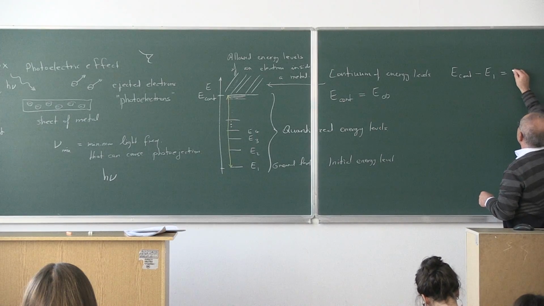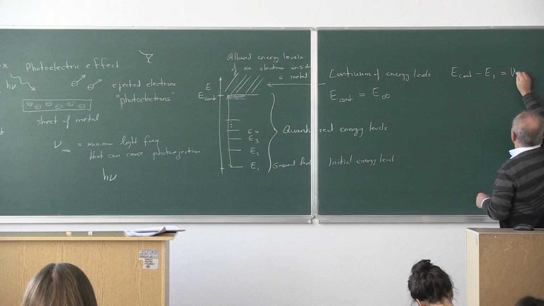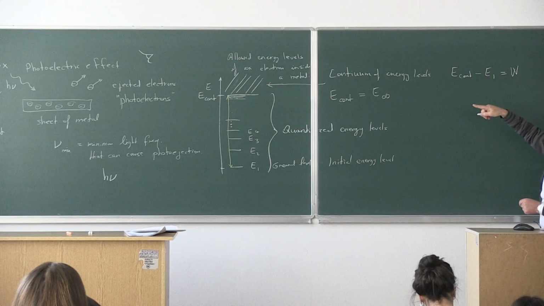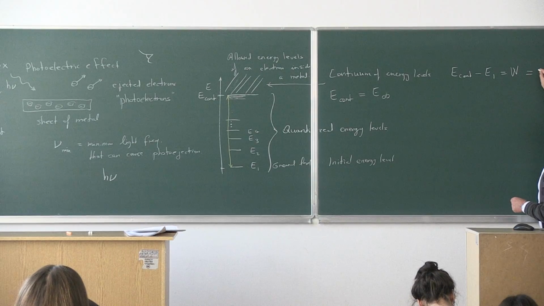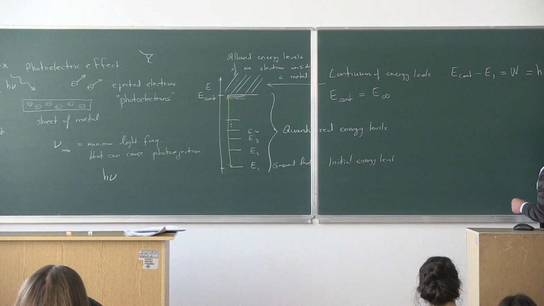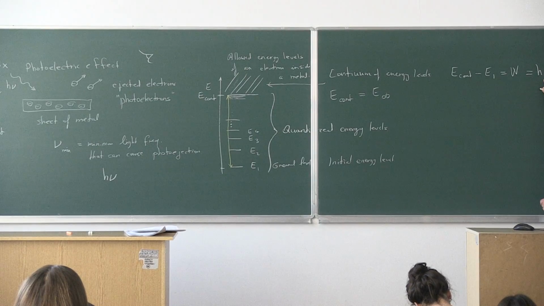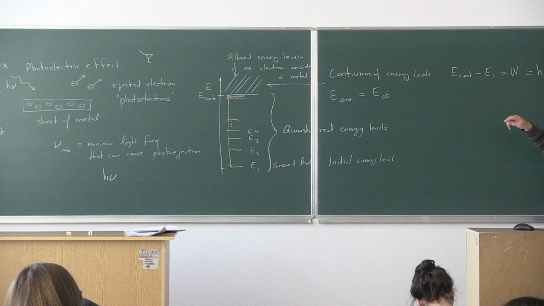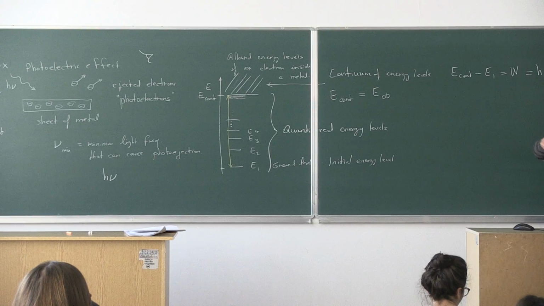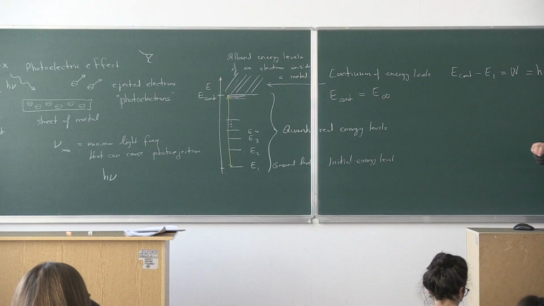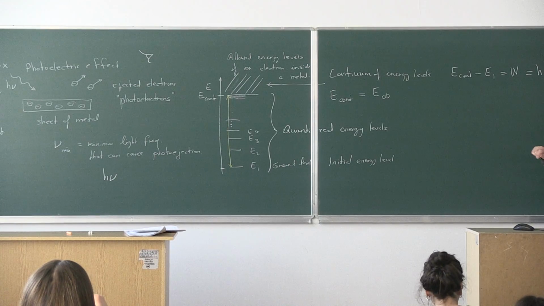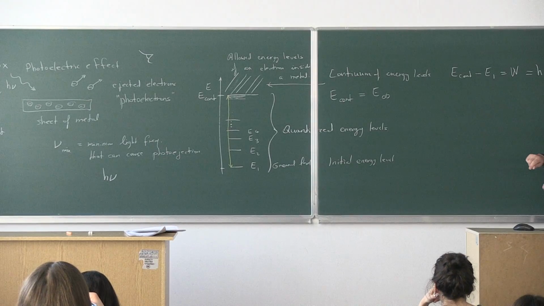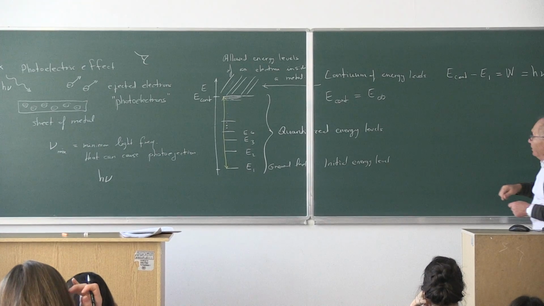This energy difference is given the symbol W, and it must be equal to h, Planck's constant, times the minimum frequency, which is experimentally observed, which causes ejection of the electron.